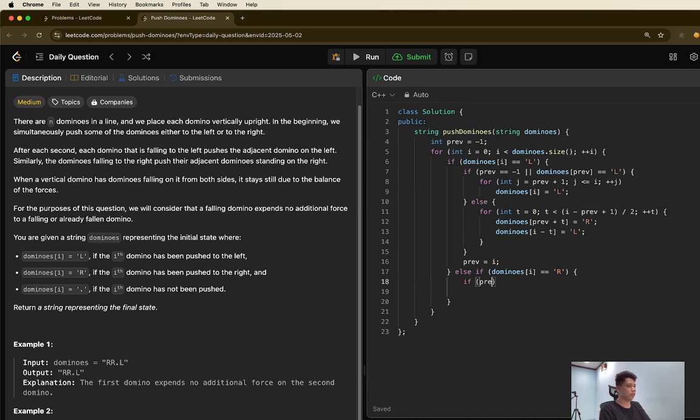If pre is this, Dominoes equal to L, pre equal to L, then we need to fill it out.